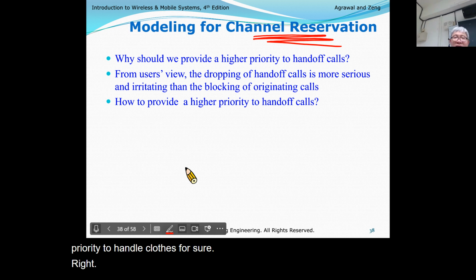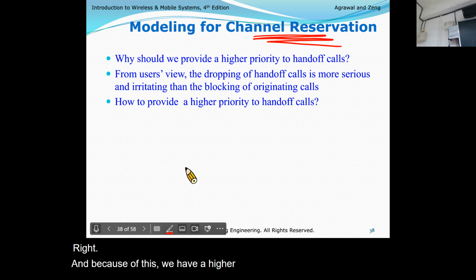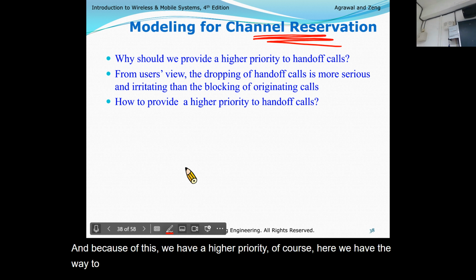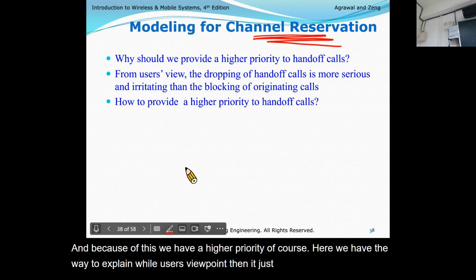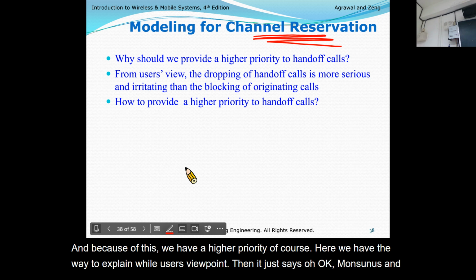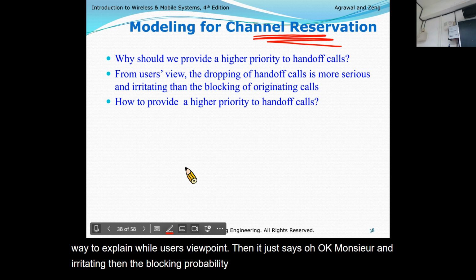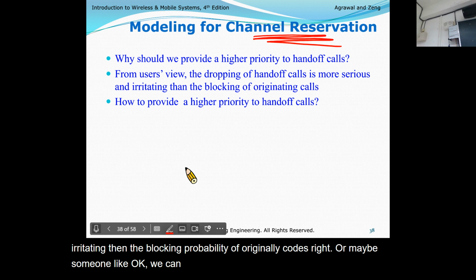And because of this, we will have a higher priority. Of course, here we have a way to explain from the user standpoint: it is more serious and irritating than the blocking probability of originating codes. Or we can have a further way to explain.